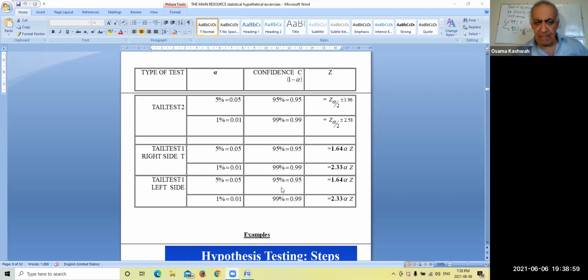By the way, the one tail right and one tail left give the same numbers. Look at this, 1.64, 1.64, 2.33, 2.33. So left or right, it gives you the same numbers. But for the 2 tails test, if alpha is 5%, it will be 1.96. If you are testing with alpha 1%, it will be 2.58.